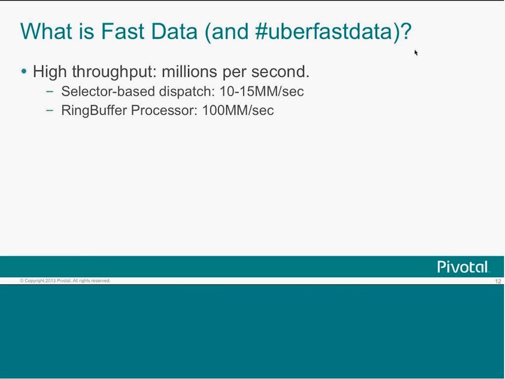The RingBuffer processor, which is just a thin abstraction around the RingBuffer itself, can do 100 million per second, and so that is obviously not like real world application throughput, right? That is really basically not doing anything. Just how fast can we push events through?